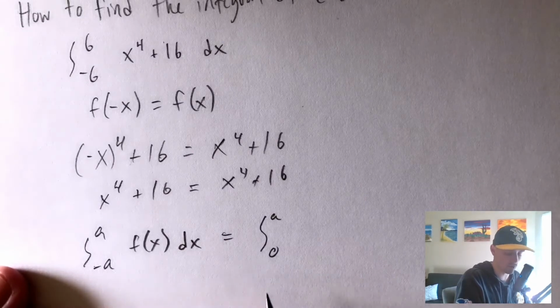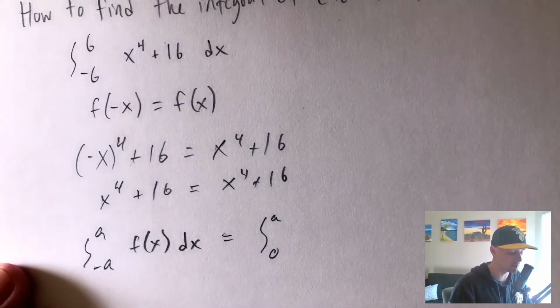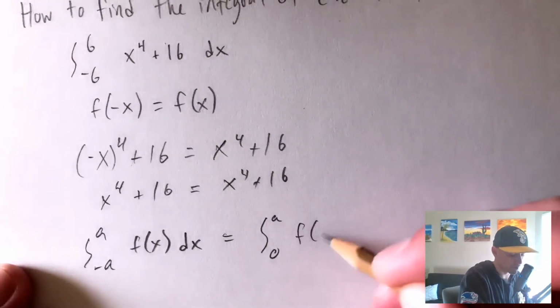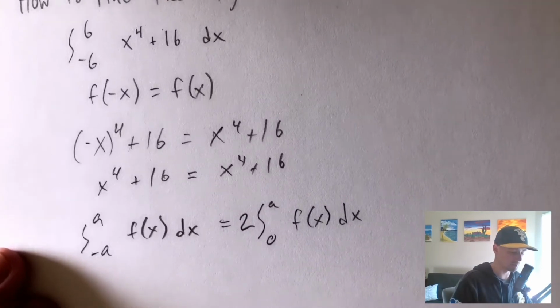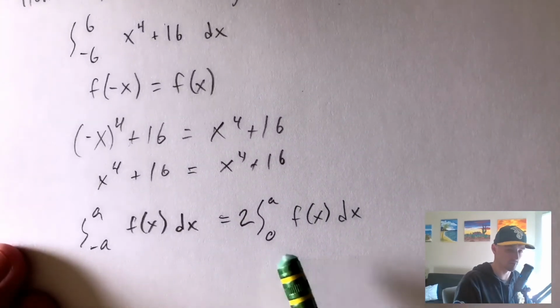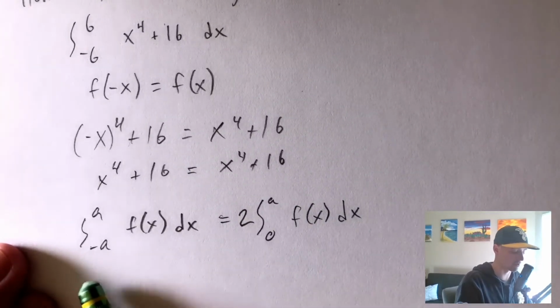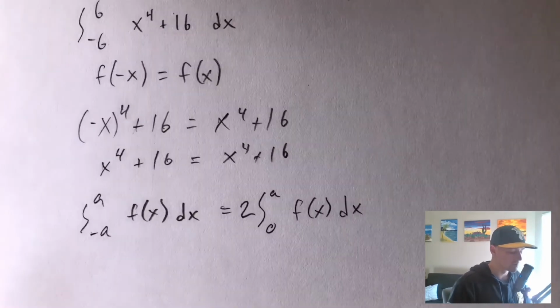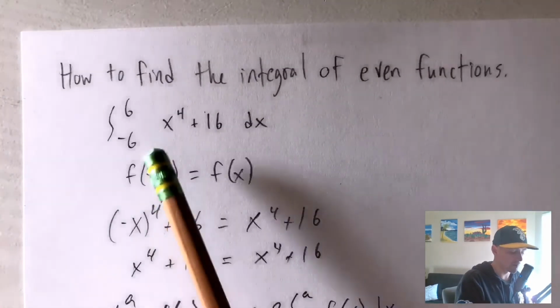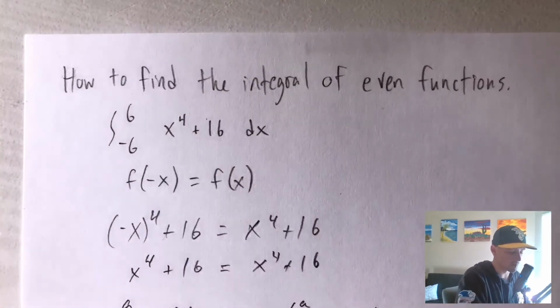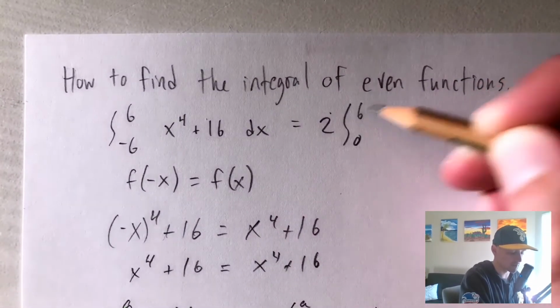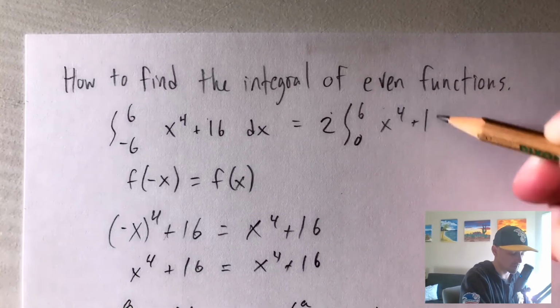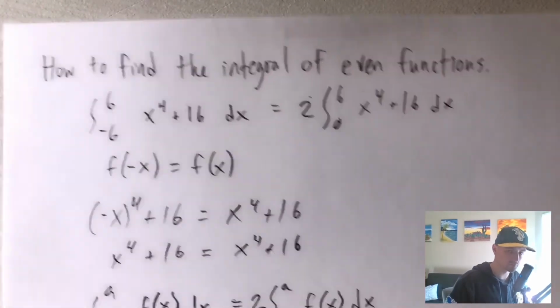It'll just be 0, which sometimes may give you a little bit easier integral to evaluate of our function f of x. But then what we need to do is double that. So it's just going to be 2 times the integral from 0 to a instead of the integral from -a to a. So what we can do then is rewrite this original integral as 2 times the integral from 0 to 6 of x to the fourth plus 16 dx.